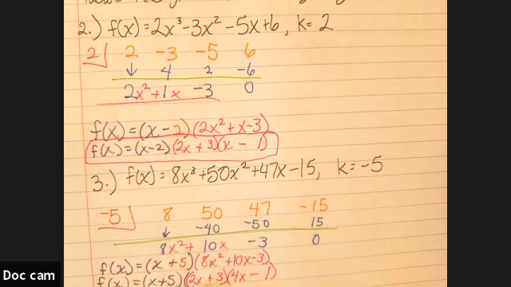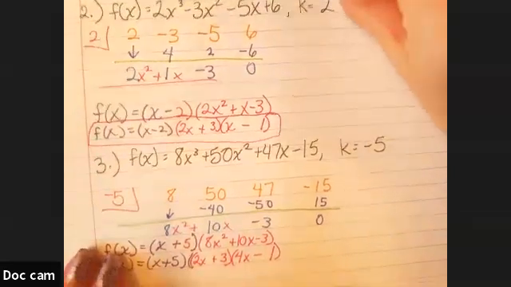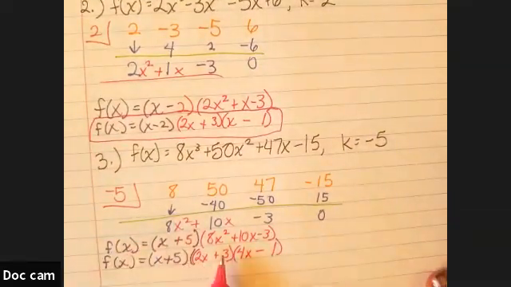So that would be 8x squared, that would be -3. And then that would be plus 12 minus 2, which would give me the positive 10x. So yep, that's it.